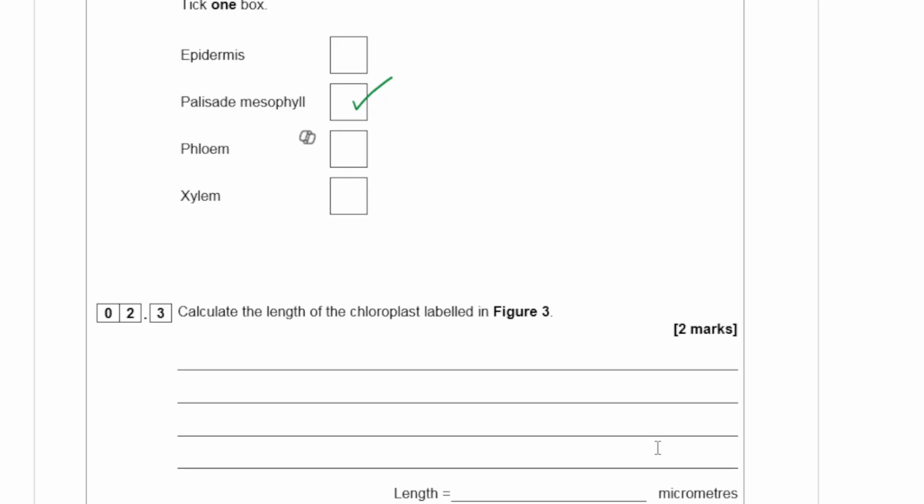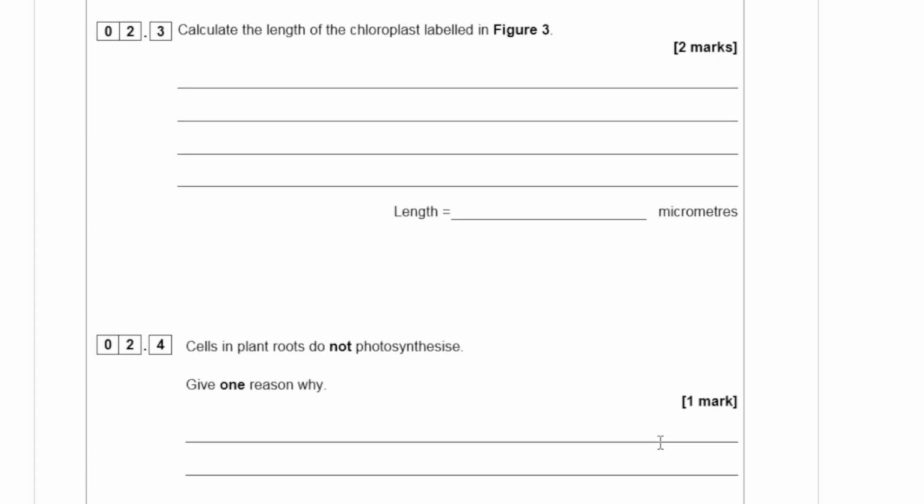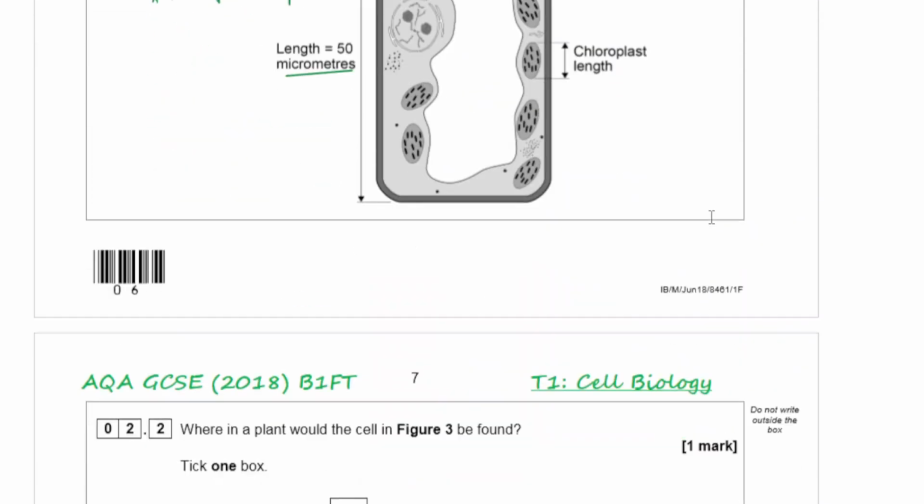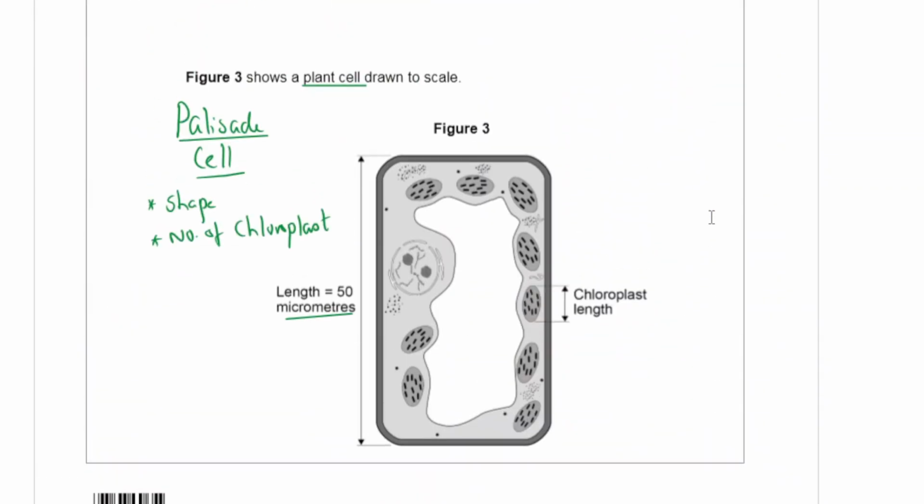Calculate the length of the chloroplast labeled in figure 3. Now, in order to do this, they're asking you to calculate in micrometers, so you don't have to do any conversion. It's only 2 marks. So they've already told you that this is 50 micrometers. So you will need a ruler to actually measure the length of this arrow.